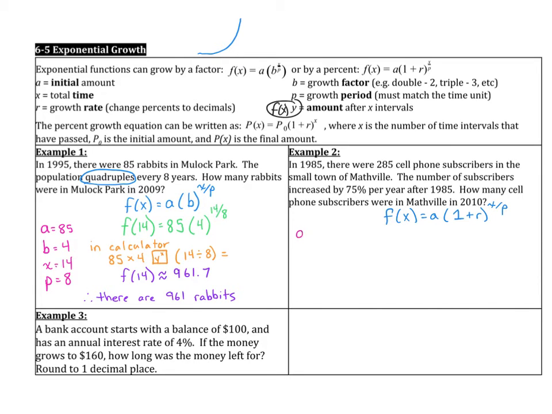So the a is the initial amount, which is 285. The r is the growth rate, which is 75%, and we need to put that in as a decimal, so it's 0.75.